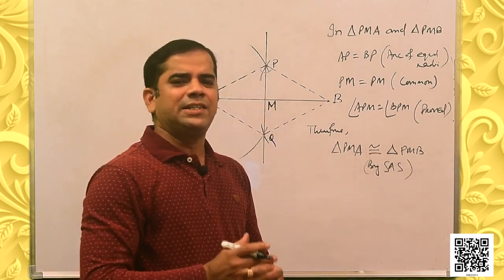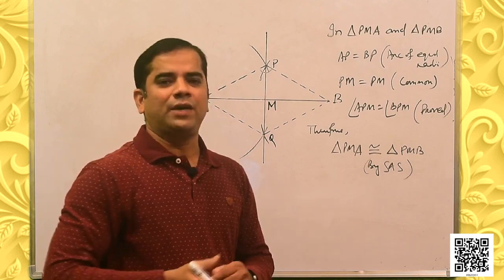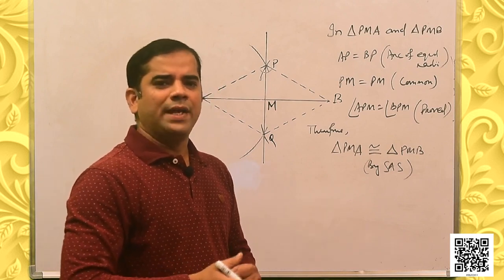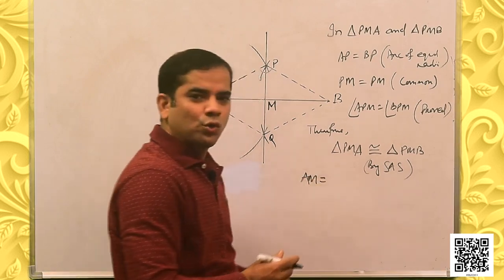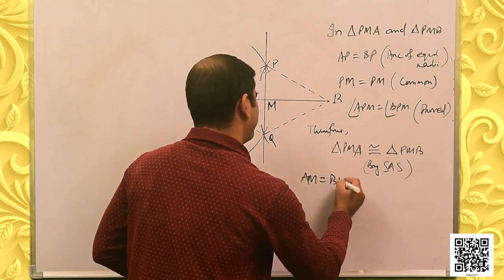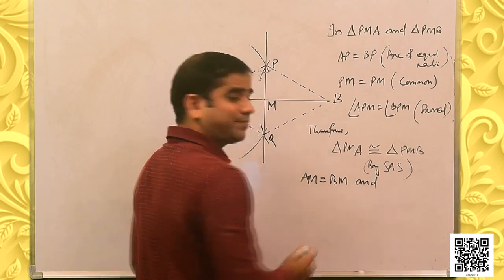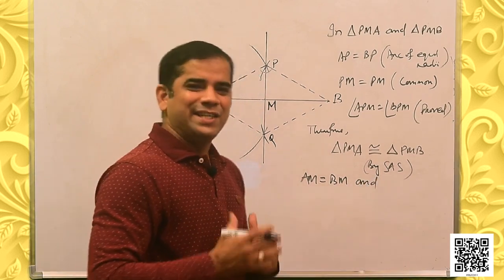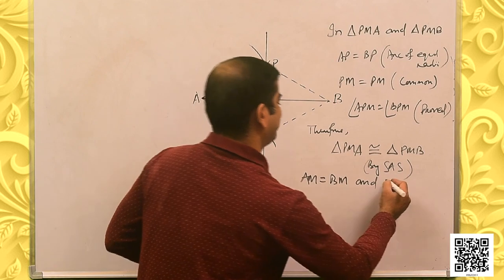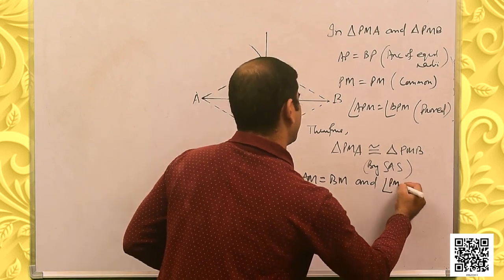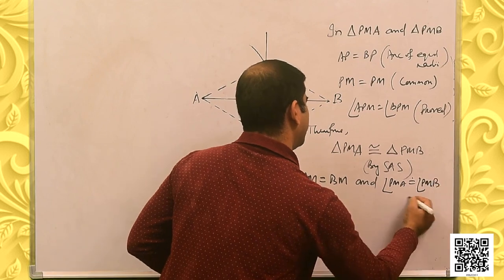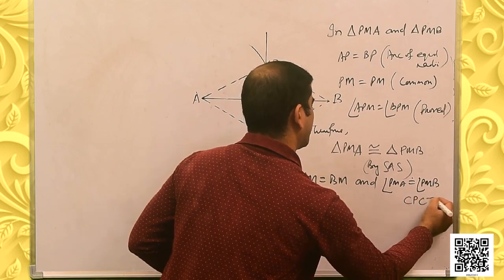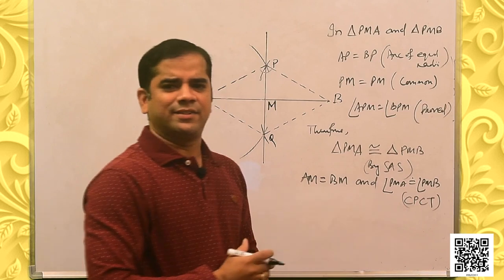So, as these triangles are congruent to each other, now we can say that AM is equal to BM and angle PMA is equal to angle PMB. Why? They are also corresponding parts of the congruent triangles.